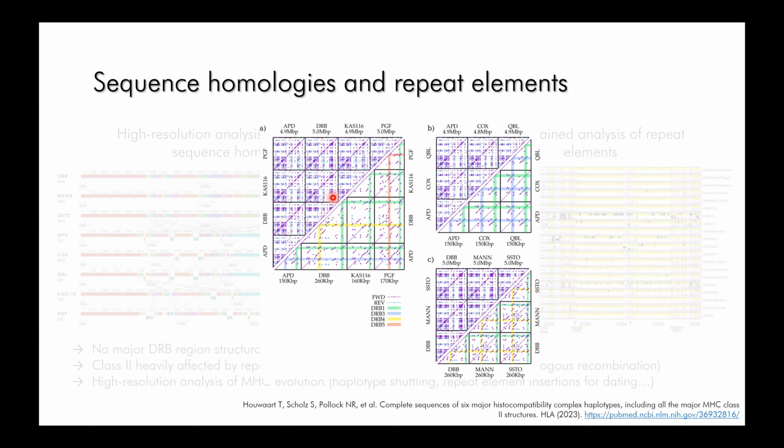I will not make any further comments on that plot, apart from the fact that it should be immediately obvious that this is a highly complex region, and it's really great that we can now study its intricate patterns in detail.